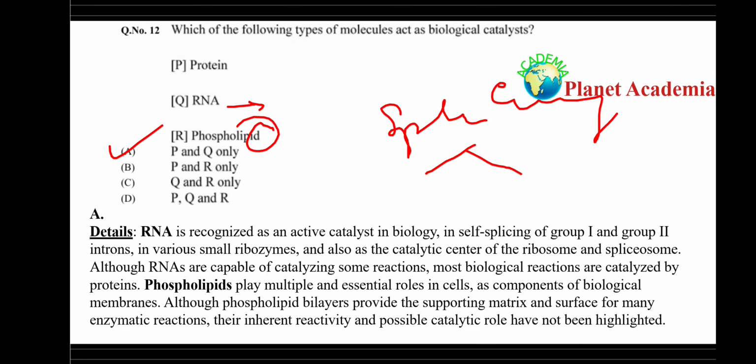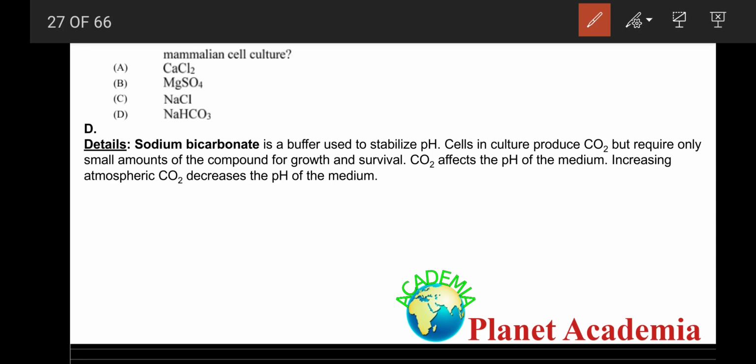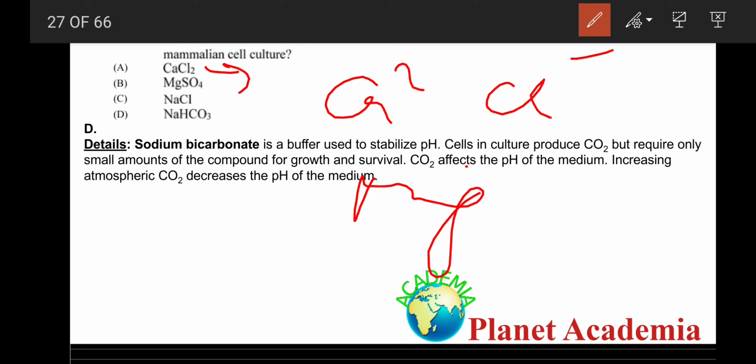Now the next question: which one of the following media components is used to maintain the pH in mammalian cell culture? First, calcium chloride, no, it is used as a source of calcium, and magnesium chloride as a source of magnesium. Sodium chloride is a source of sodium.